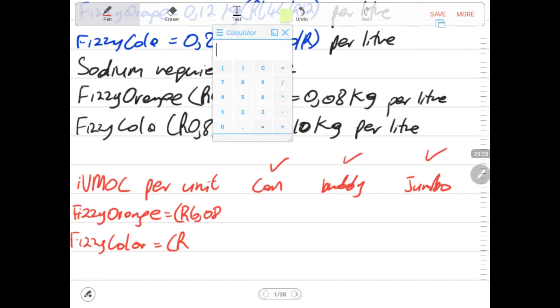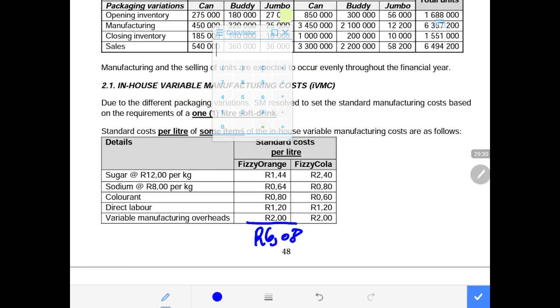Then let me calculate the other total in-house variable manufacturing overheads. 2 rand 40 cents plus 0.80 plus 0.60 plus 1 rand 20 cents plus 2 rand, that is 7 rand.